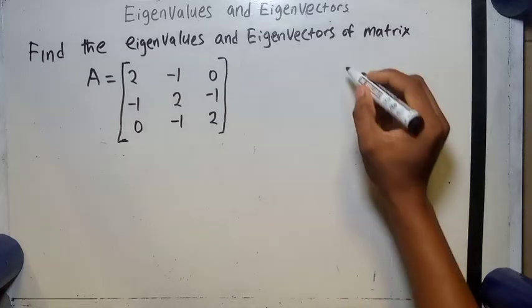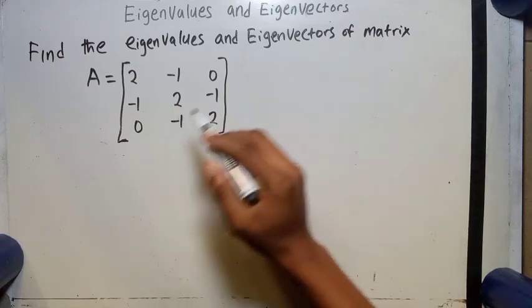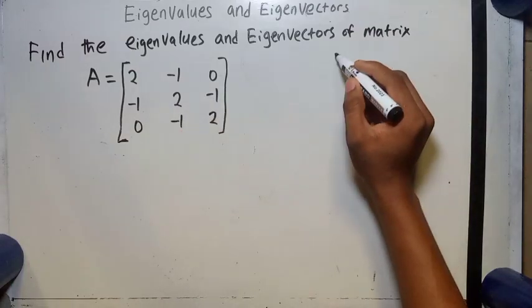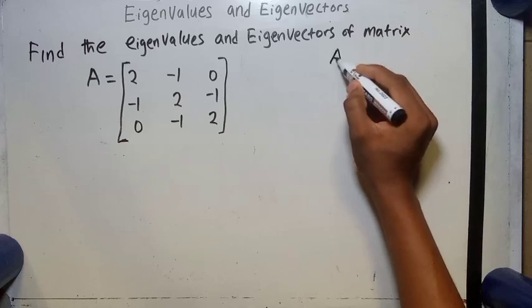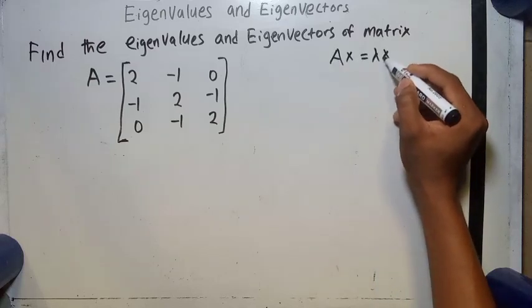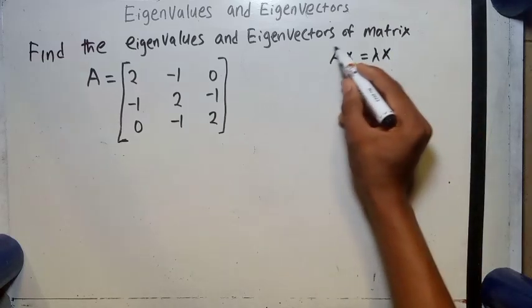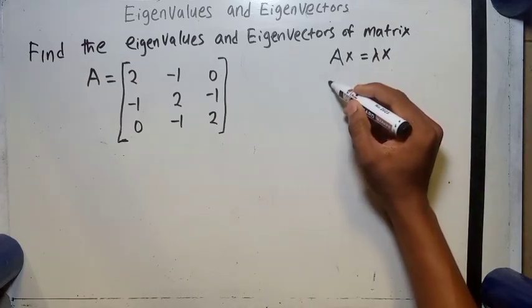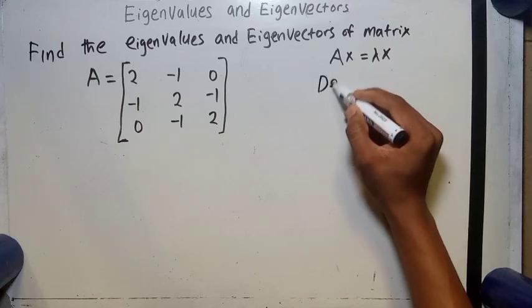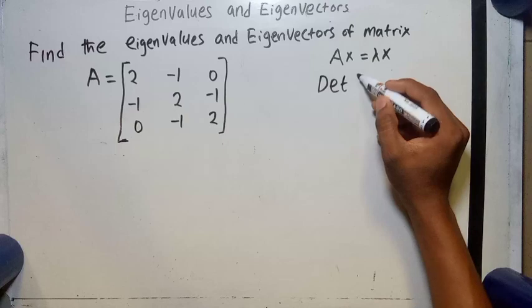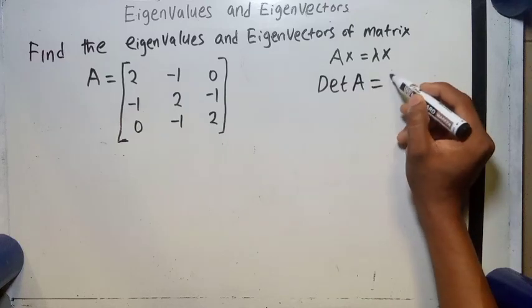First of all, you start by writing your formula. The two formulas we're going to make use of are these. The determinant of our A is equal to what? 0.